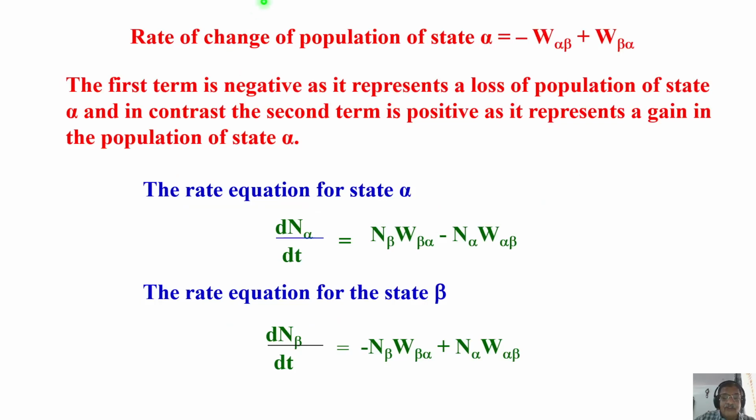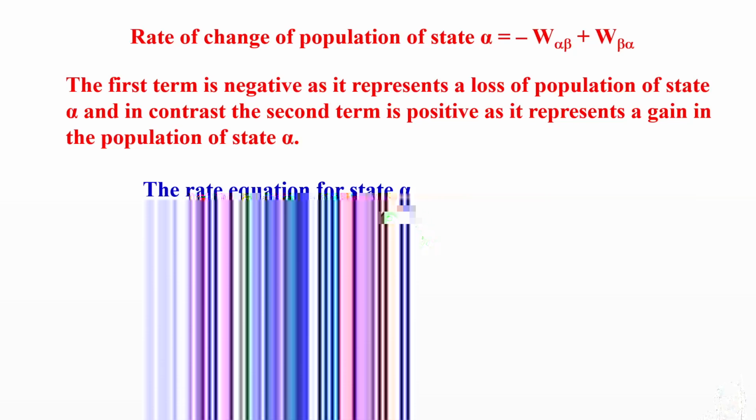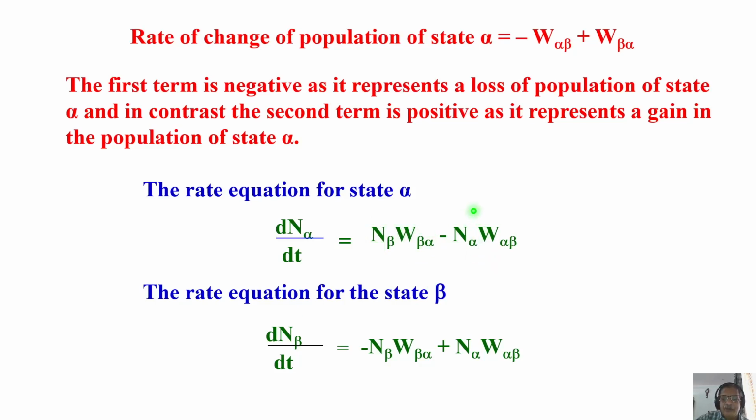Now the rate equation, as a function of time, the rate of change of population is given by a simple expression: n beta into W beta alpha minus n alpha into W alpha beta. It means the population from beta is coming down to alpha using this probability. At the same time, some spins from alpha go to beta with this probability. Same thing we wrote as a function of rate equation here, where the total number of population in each state alpha and beta is taken into account.